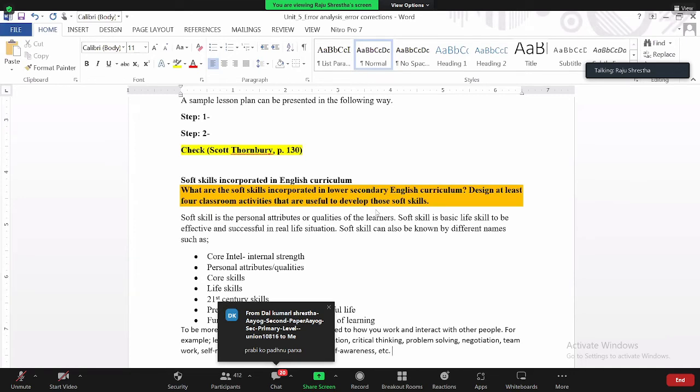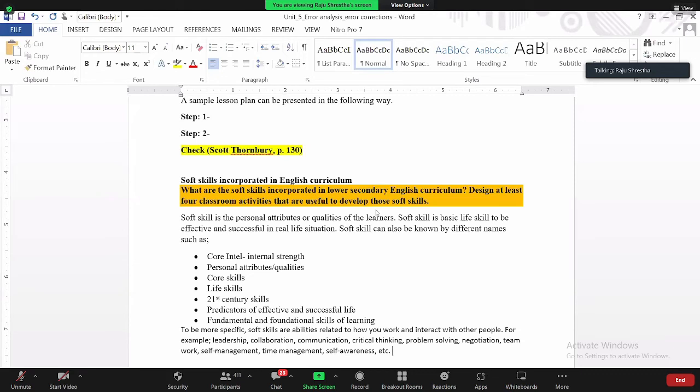These are not the teaching areas or content of teaching. These abilities or skills will be developed as a byproduct when we focus on or design lesson activities for teaching listening, speaking, reading, writing, grammar, vocabulary, pronunciation, language functions.